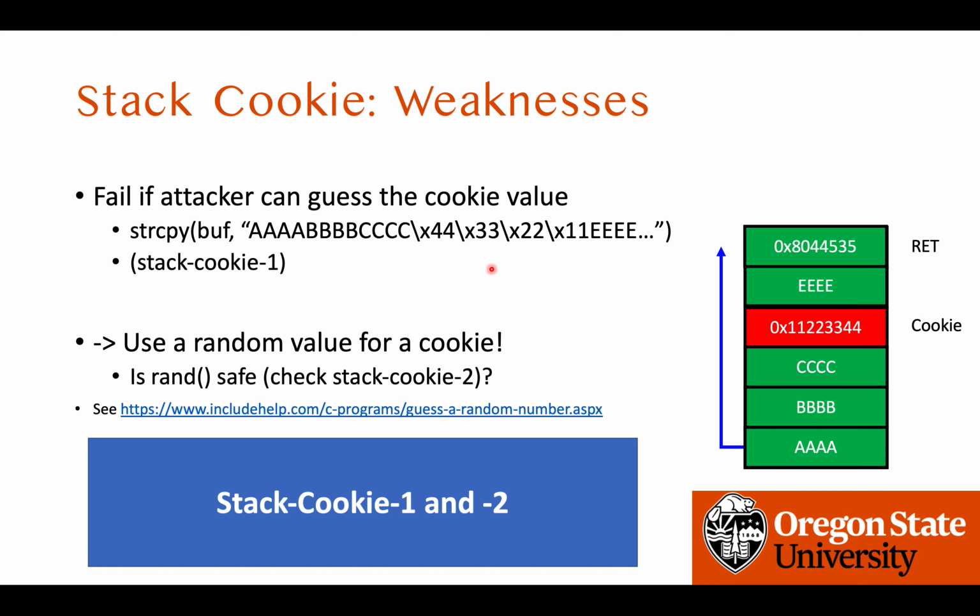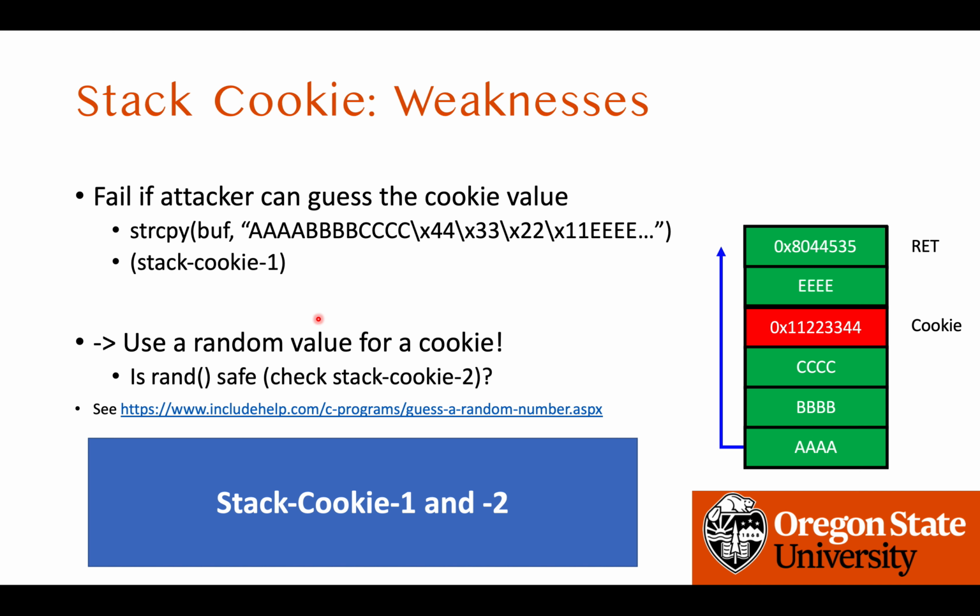In the challenge stack cookie 1, it uses a fixed cookie value, so your task is to avoid this defense by filling the same cookie value in your attack vector and overwriting the saved EBP and the return address. In the next challenge, stack cookie 2, it will be a little bit cleverer.